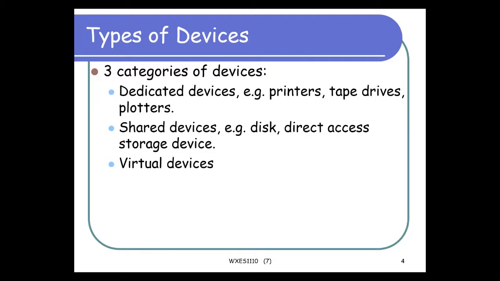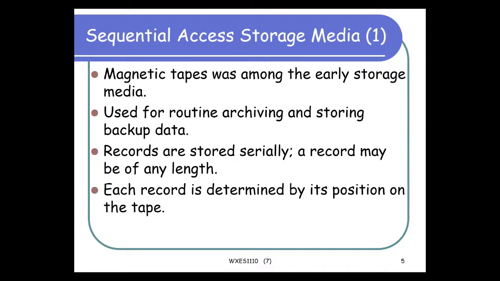Then there is sequential access storage media. The first generation storage media is what we call magnetic tapes. This is the early storage media. It is used for routine archiving and storing backup data, so they have certain routines you have to follow.